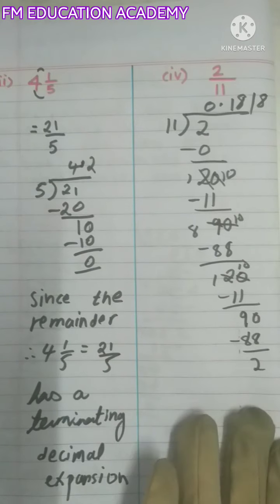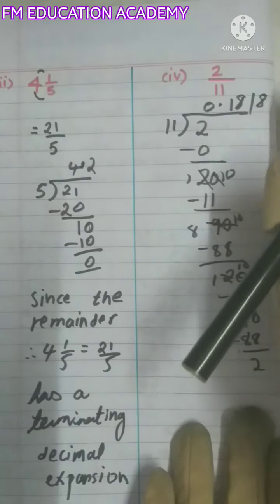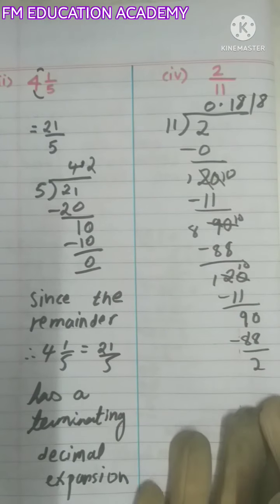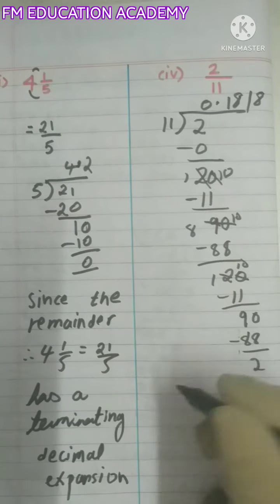So we get to know that even if we continue doing the division, we will never get the remainder as 0 because the digits are repeating. So here we can say that since the given rational number does not have a remainder 0, it is non-terminating repeating.